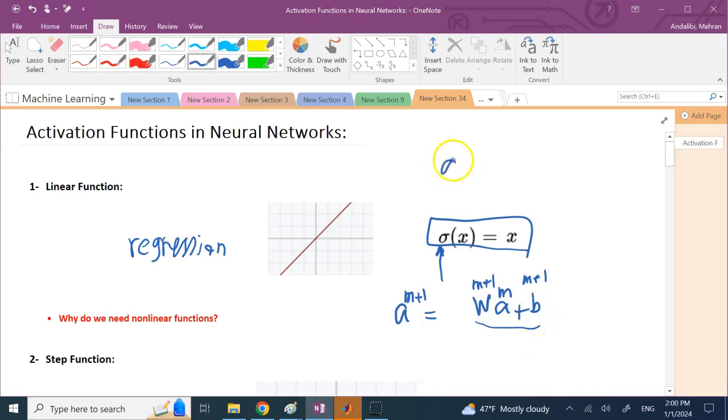So A of M, A of the last layer at the end of the day, will be some general W vector times the p's, the inputs to the network, plus some b's, where these W's and b's are combinations of the W's and b's of our previous layers. And so what you will have is simply linear regression.